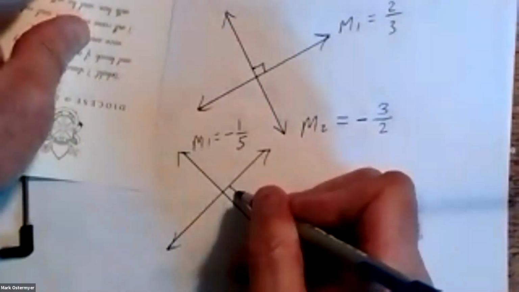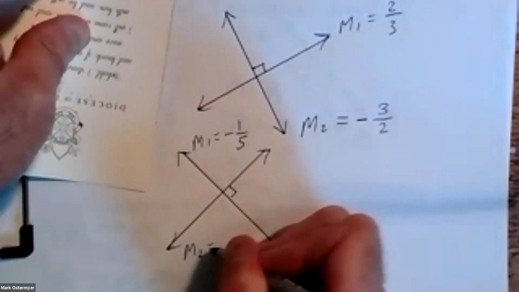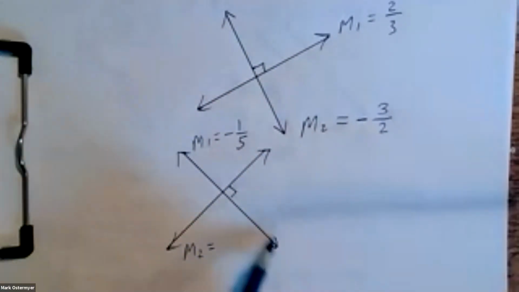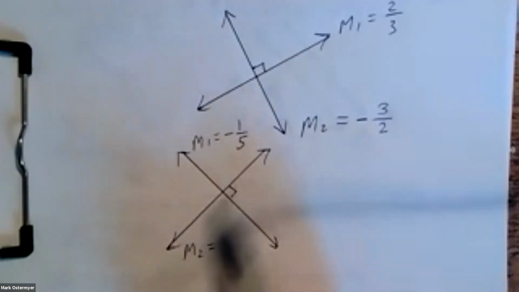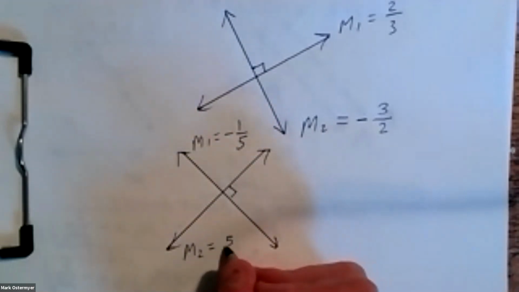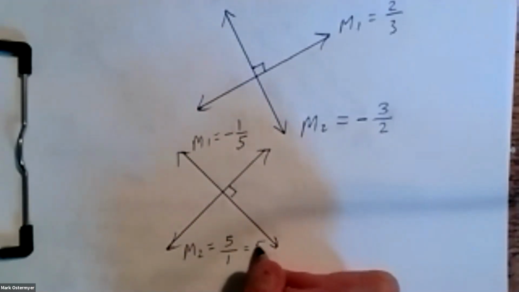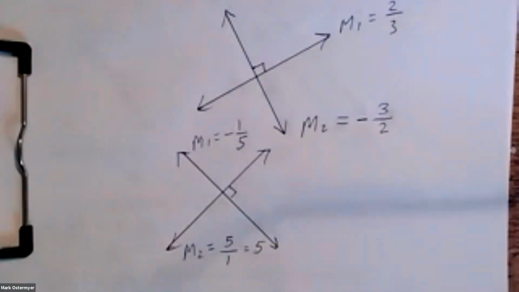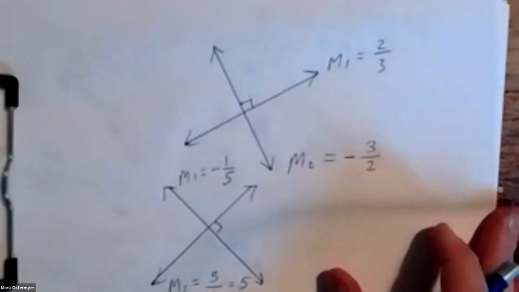If the slope of this line is negative 1/5, what's the slope of this one? Positive 5, or 5/1. You're correct. So perpendicular lines have negative reciprocal slopes. All right.